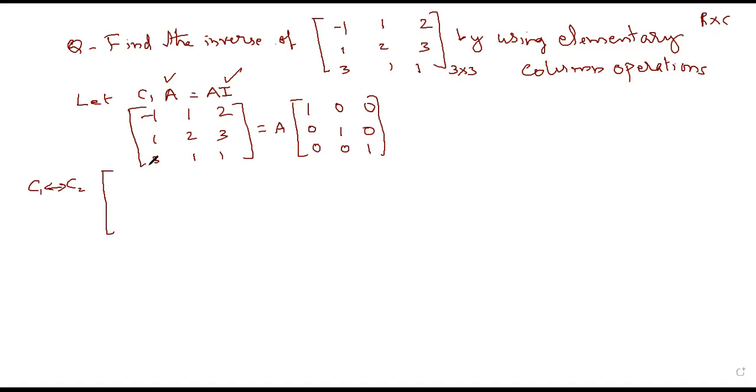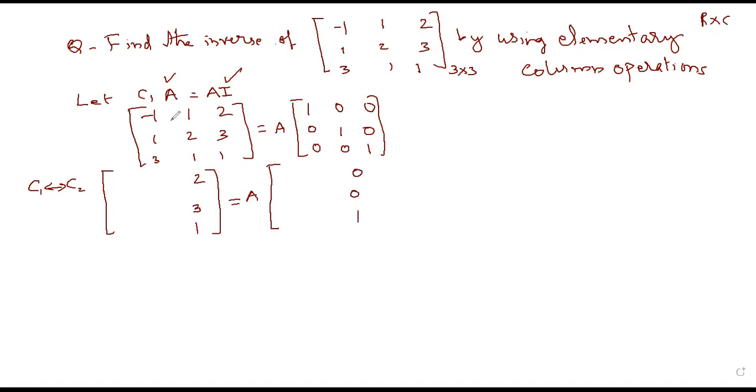So we will write column wise. That's why I told you that the third column will not change, so you can write the third column. If you do it like this, there will be fewer chances of confusion. So the last column will not change: 0, 0, 1.